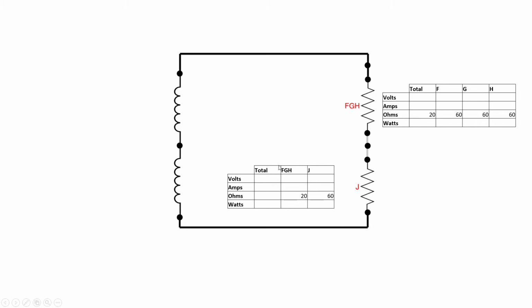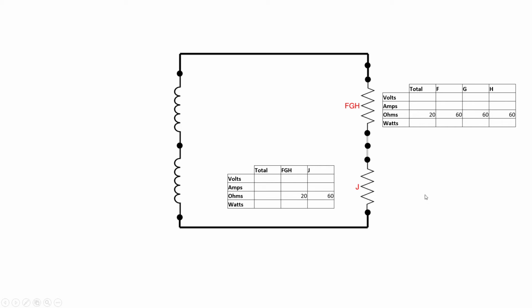So we have a column for total, we have a column for the F, G, and H load, we have a column for the J load. So all of our total values here are going to actually be the same as these F, G, H values here. So we know 20 was total resistance, we can throw 20 down for the resistance of F, G, H. We know from what they told us that J has a resistance of 60.